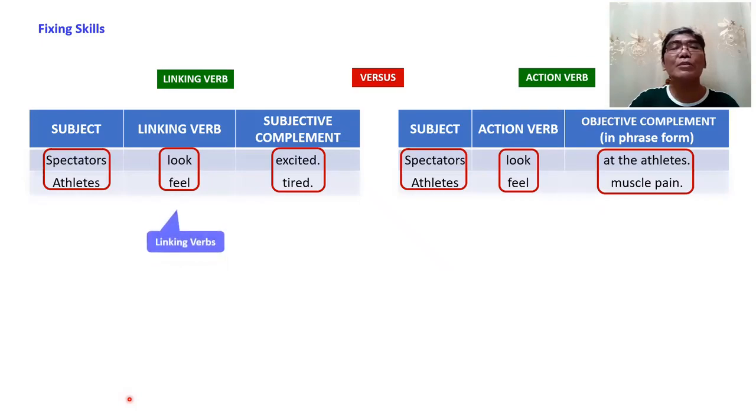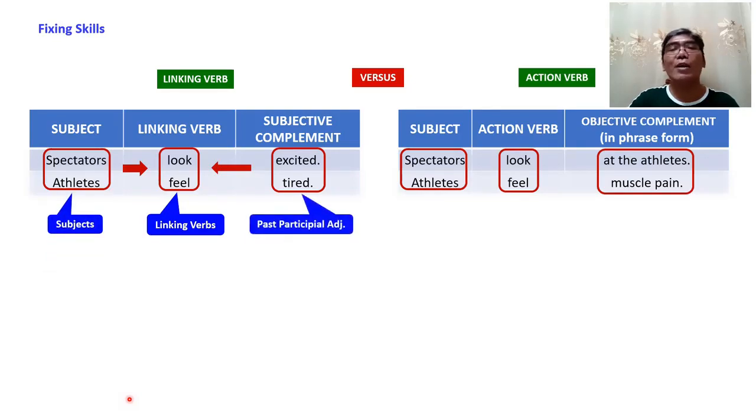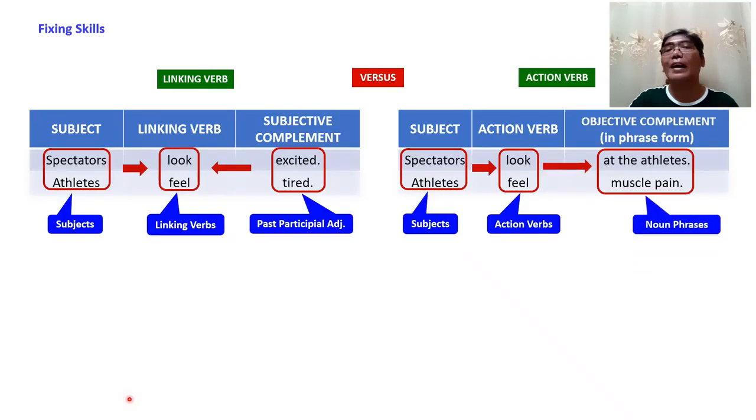The linking verbs look and feel at your left side link the subjects, spectators, and athletes to the subjective complements or to the past participial adjectives excited and tired. Meanwhile, the subjects, spectators, and athletes at your right side perform actions that are expressed by the action verbs look and feel, and their actions are passed on to the objective complements or to the noun phrases at the athletes and muscle pain.